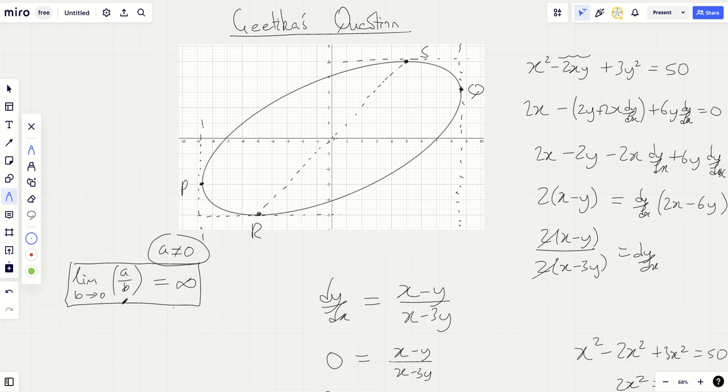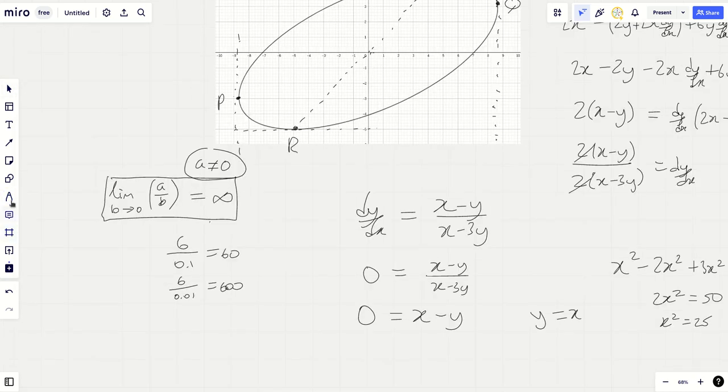What it means is, let's just look at it like this. What's 6 divided by 0.1? 60. What's 6 divided by 0.01? 600. What's 6 divided by 0.001? 6,000. In other words, as the denominator gets closer and closer to 0, the value of the fraction gets larger and larger.